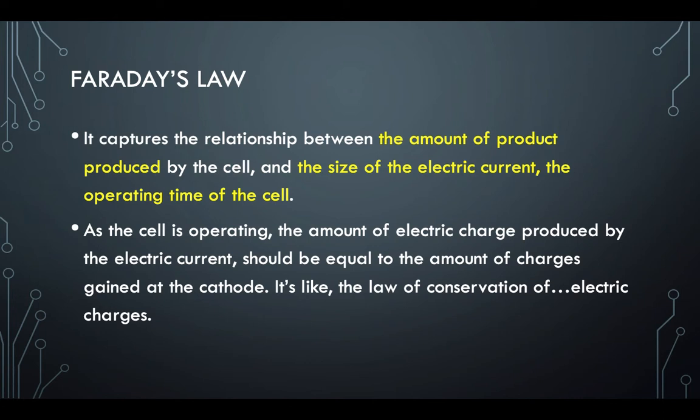There shouldn't be any loss. Of course, in reality, there will be some loss to resistance turning into heat, but theoretically, in an ideal process, the electric charge provided should equal the electric charges gained by the cell.